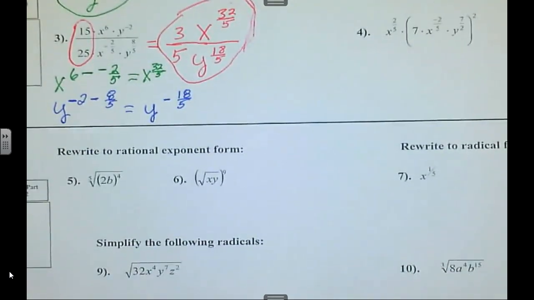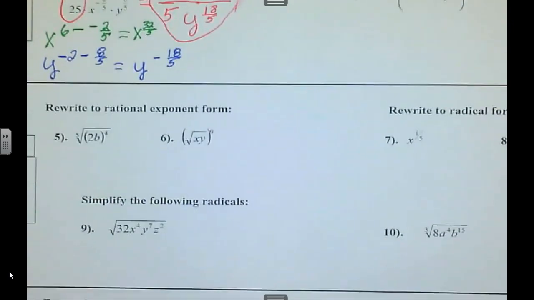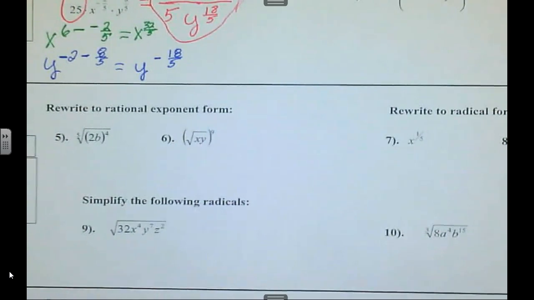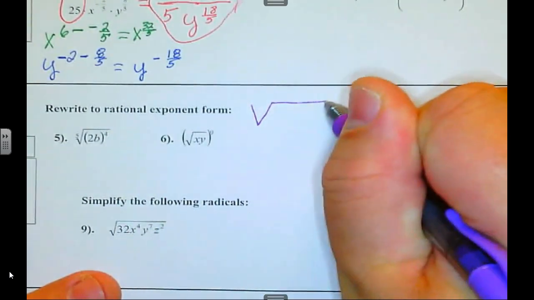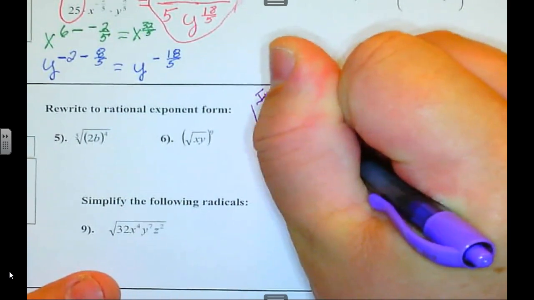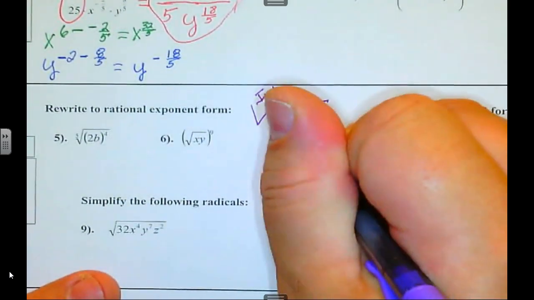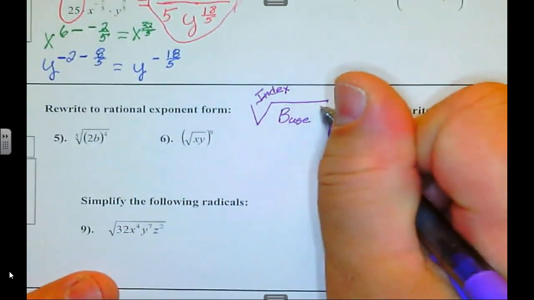Rewriting from exponential form to radical form. Everybody remember the formulas? Okay, the radical symbol has the index here, then the base, and then the exponent.